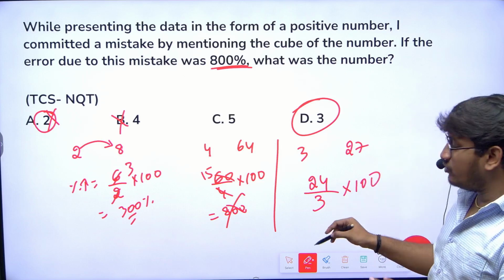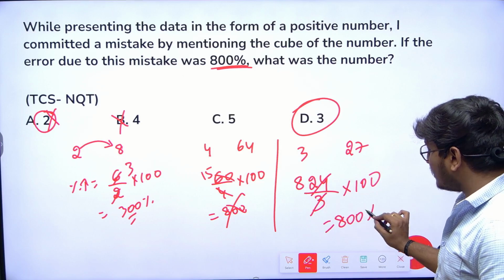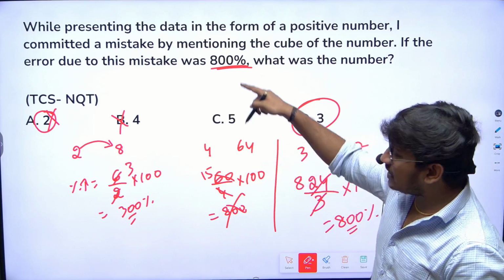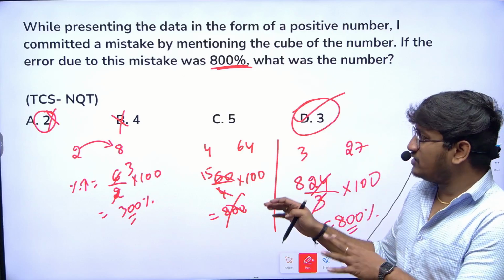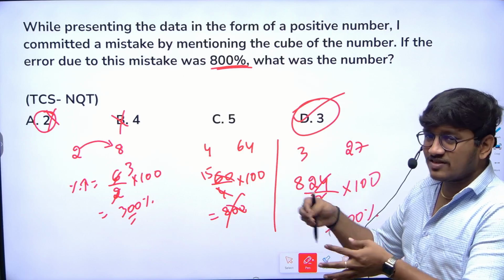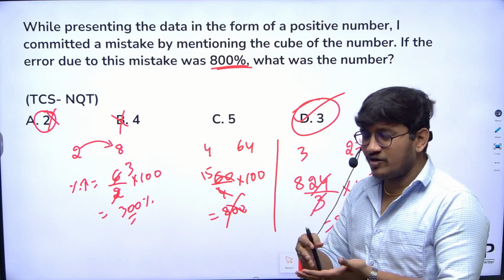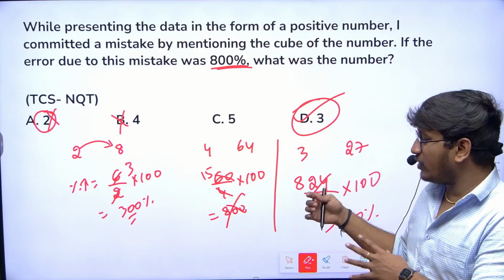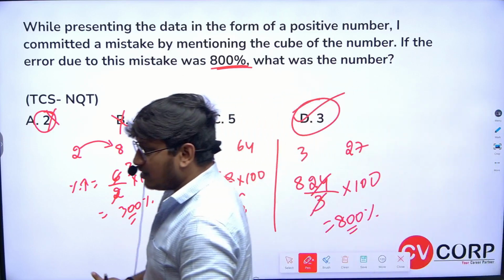So what will be the value here? 3 ones 3, 8 times. 8 into 100, 800%. So the answer is exactly matched. That error is 800%. So the answer is option D. Likewise, just by looking at the values, you can understand the difference. For that particular number as well as the cube of that number, from there itself you can tell which answer will be the correct one. Okay, so I hope you all are clear.